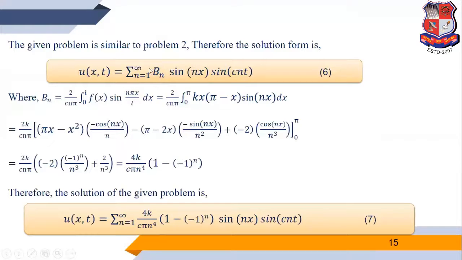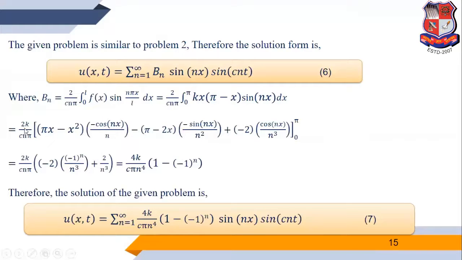So bn is equal to 2 upon cnπ, integral 0 to L of f(x) sin(nπx/L) dx. So 2 upon cnπ, length is π, so 0 to π, kx(π − x) is f(x), sin(nπx/L), L is π, so π cancels, sin(nx) dx.